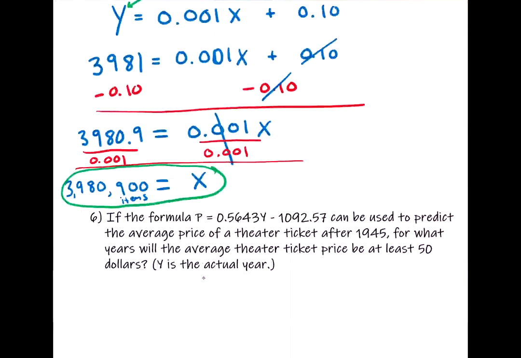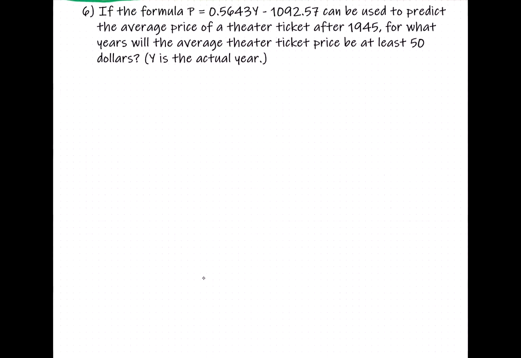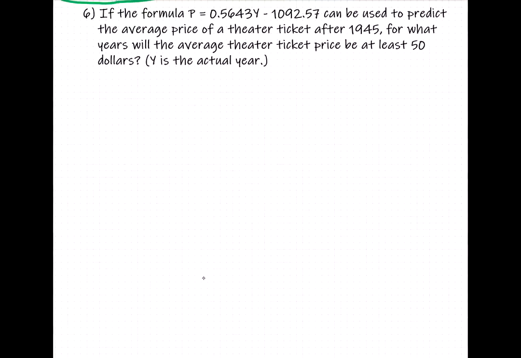All right, one more to go, number 6. Similar problem. In numbers 4, 5, and 6, we're given an equation. We don't have to create the equation on our own. So if the formula P equals 0.5643y minus 1092.57.